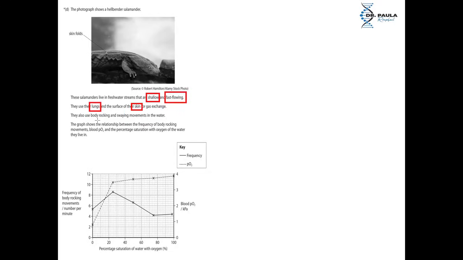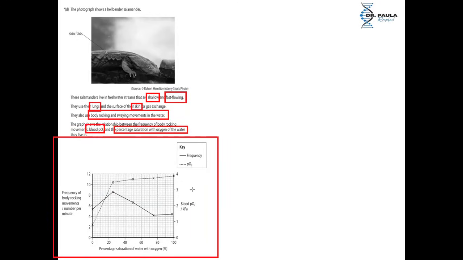They also use body rocking and swaying movements in the water, like swinging movement. The graph shows the relationship between the frequency of body rocking movement, the partial pressure of oxygen in the blood, and the percentage saturation with oxygen of the water they're living in. You can see here the graph for sure. We first read the key.